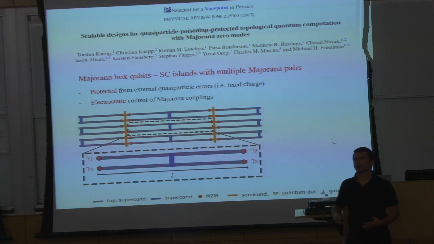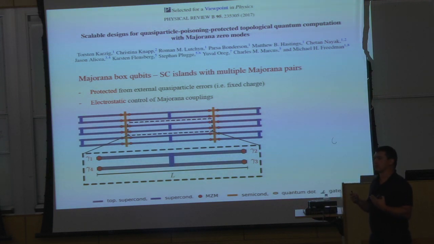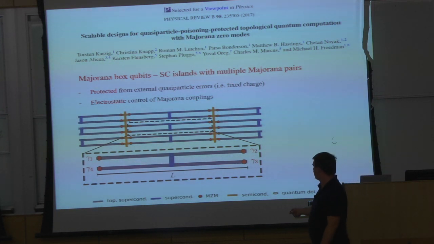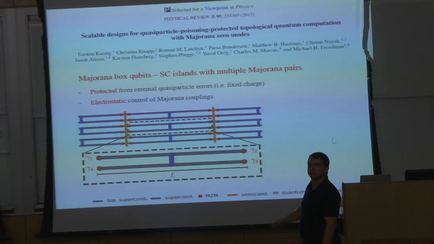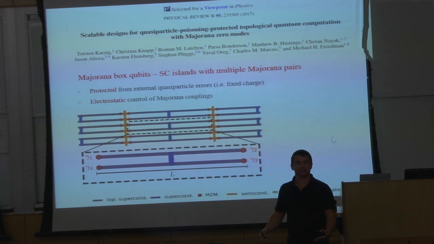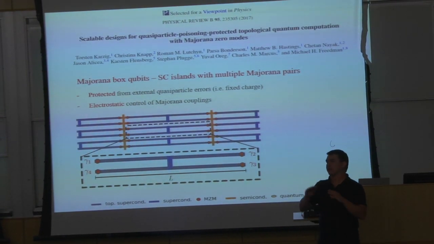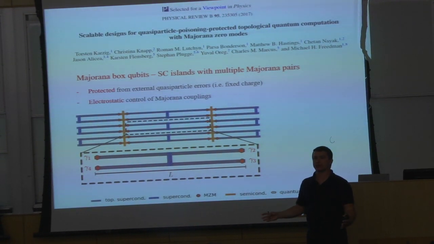So when I do that, we've created an island with one two-level system here and another two-level system here. So it's a four-dimensional Hilbert space. However, if we have a global constraint because of the charging energy, so charge is fixed, that means we have to take into account this constraint.